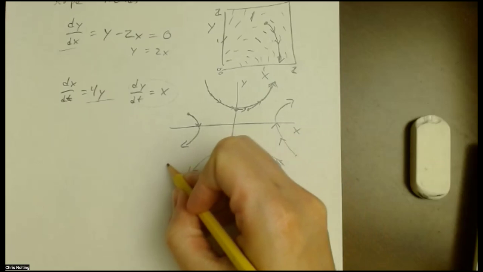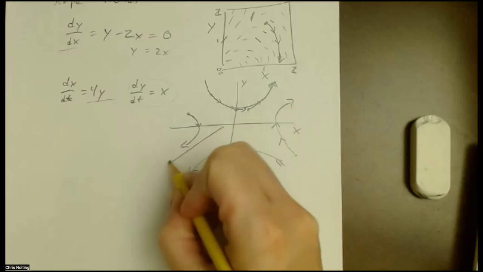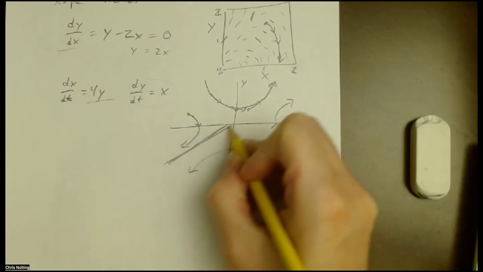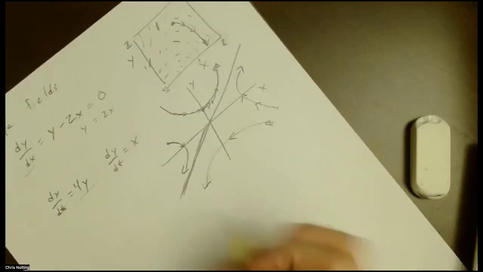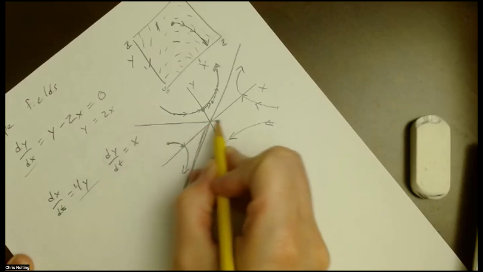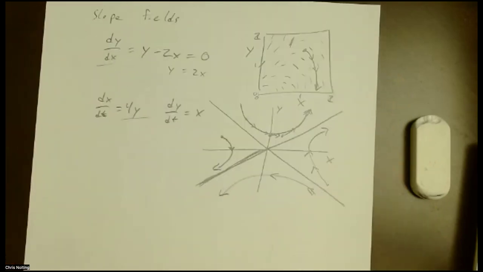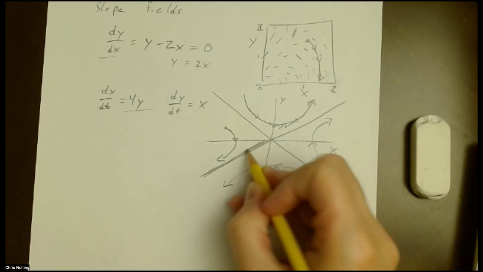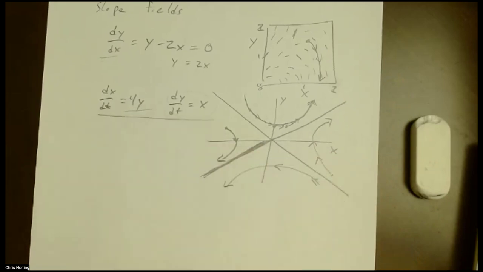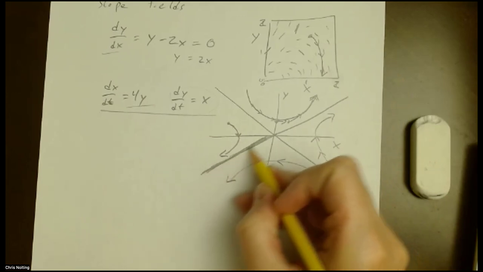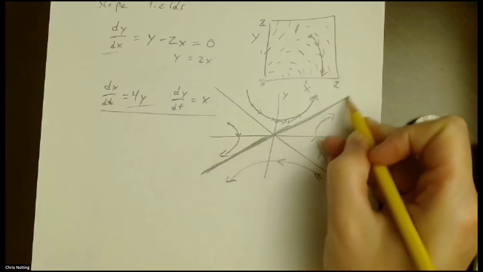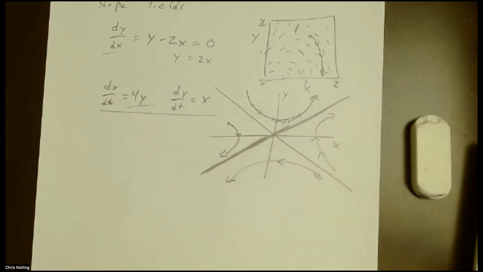And if we plotted this all out carefully, hopefully I can draw this. I want to go through the origin like that. And I'll do another line over here. In this specific case that I'm using as my example, we end up getting these lines that separate regions of behaviors.